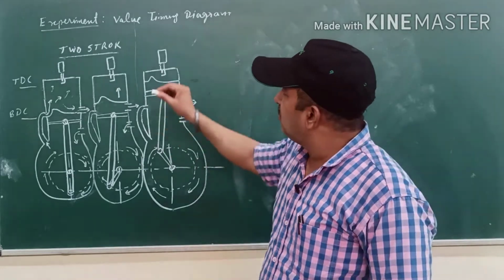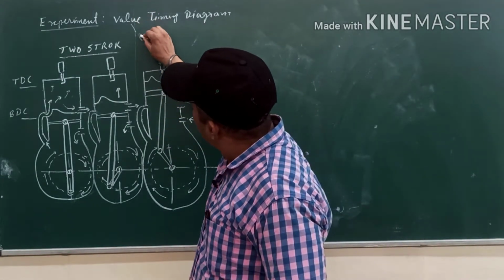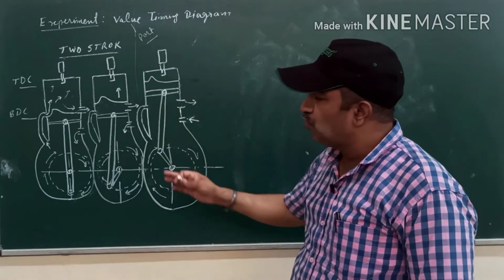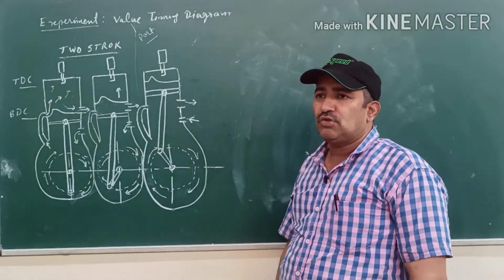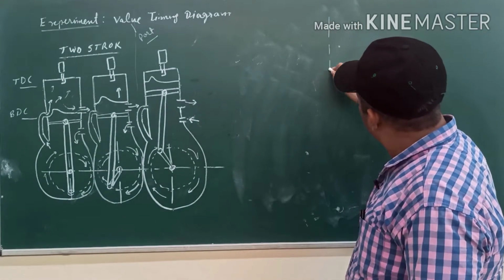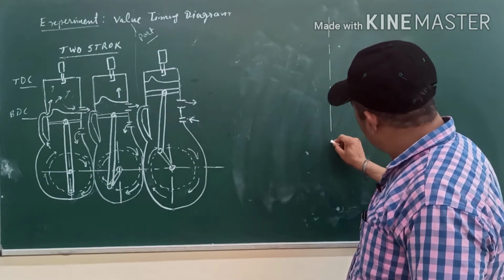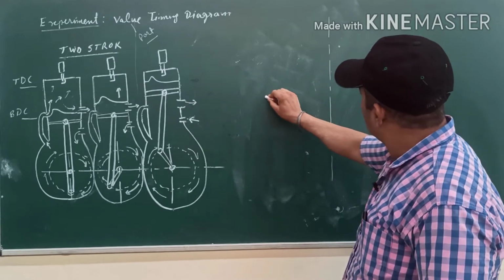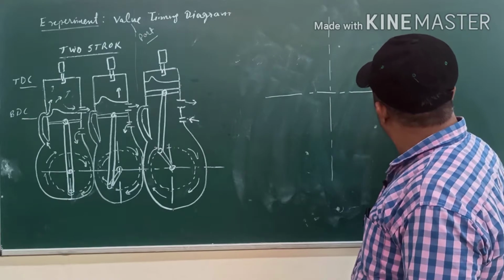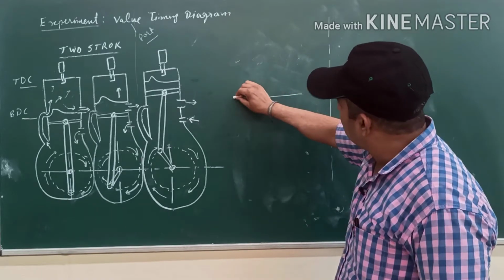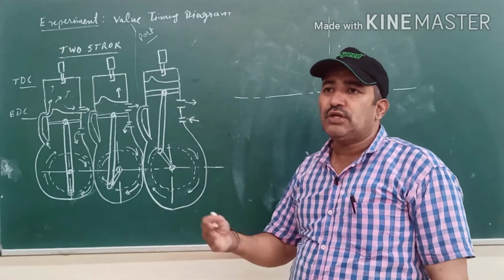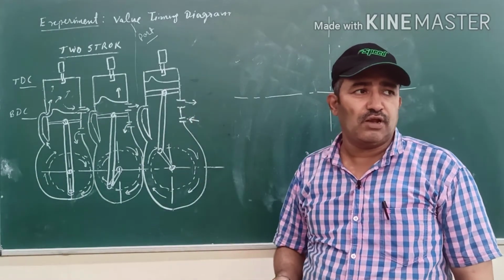So we can say port timing diagram in two-stroke engine. First of all, we draw the center lines so that we can understand when port opens and closes during the complete thermodynamic cycle.